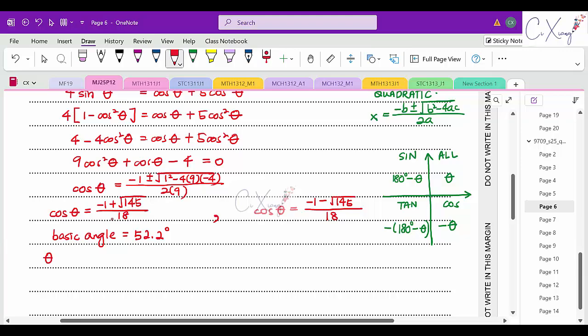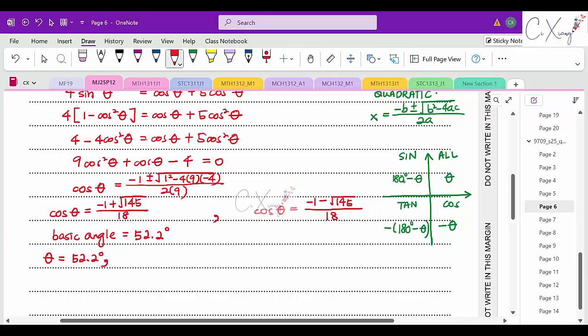Now I want to go through the quadrants and look for the answers for theta. We have cos with a positive value. Cos positive, okay? Then you go through the quadrants. In this quadrant, is cos positive? Yes, so I accept the answer from here. How to get the answer from this part? It is basically theta, which is the basic angle. So we have 52.2.